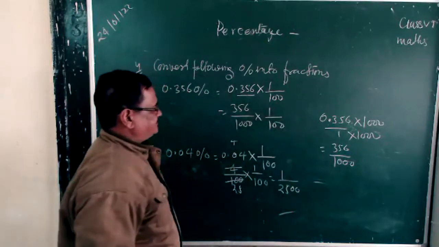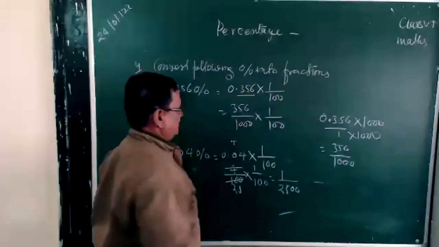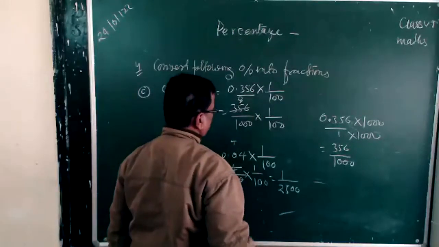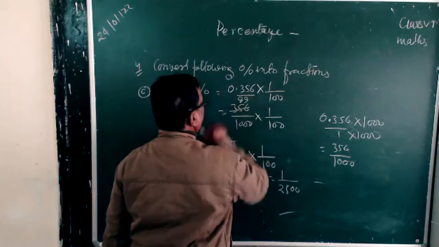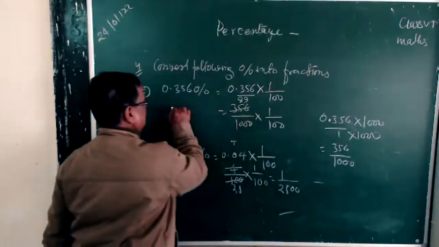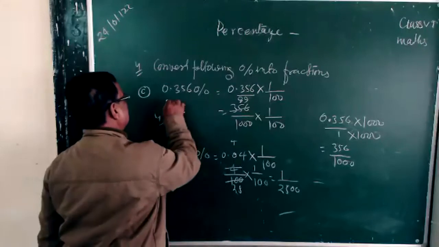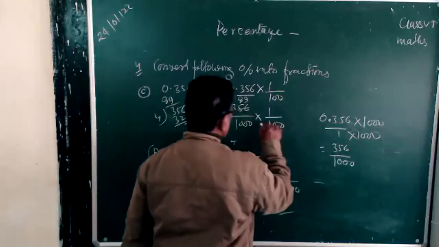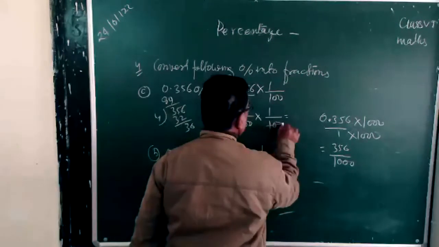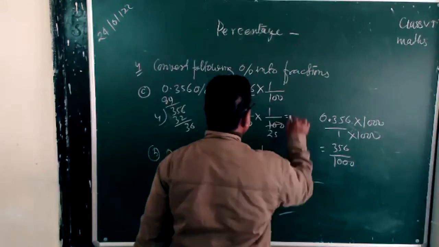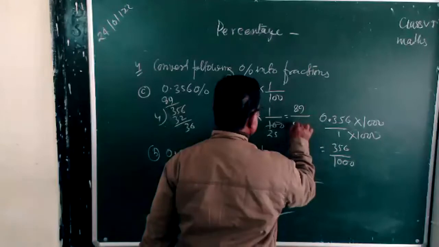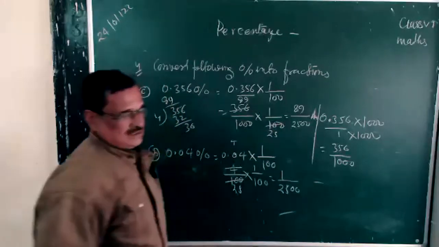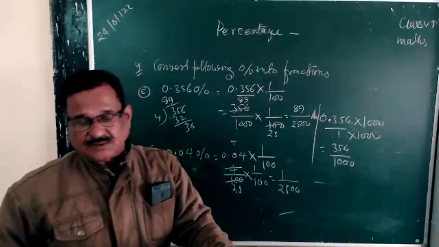Now you cut by 4: 356 divided by 4 is 89, and 1000 by 4 is 250. So it becomes 89 by 25000. This way any percentage can be converted into fraction.